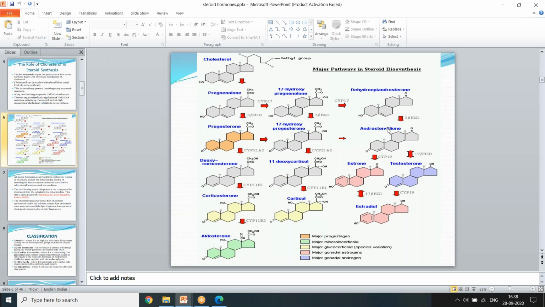And then this androstenedione, there is a typical enzyme which is called aromatase enzyme, and this aromatase enzyme converts androstenedione to estrogens, that is estrone. And similarly, there is another enzyme which is called dehydrogenase enzyme, and this dehydrogenase enzyme converts androstenedione to testosterone.